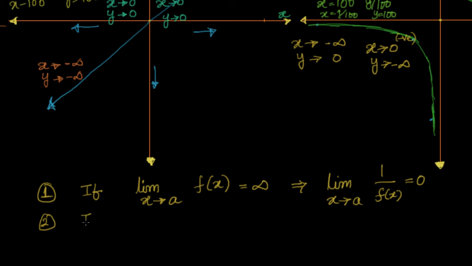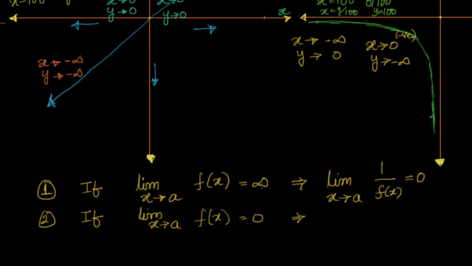Similarly, let us take it in the reverse way. If limit x tends to a, 1 by f of x is equal to 0, then f of x is equal to infinity.